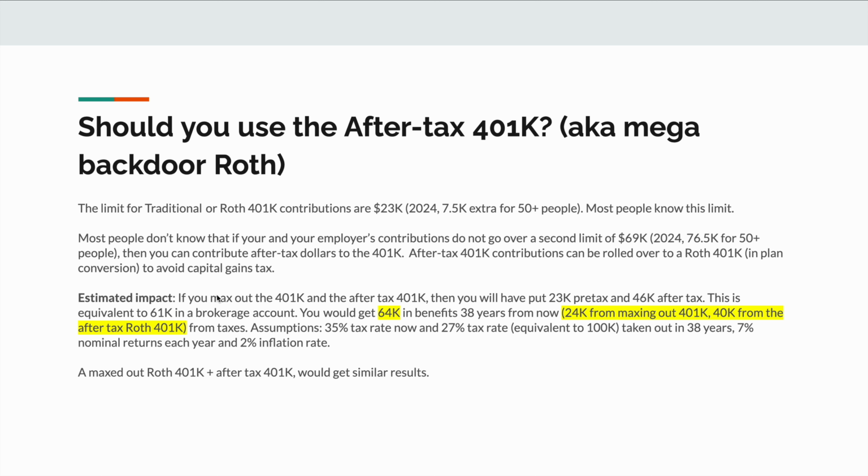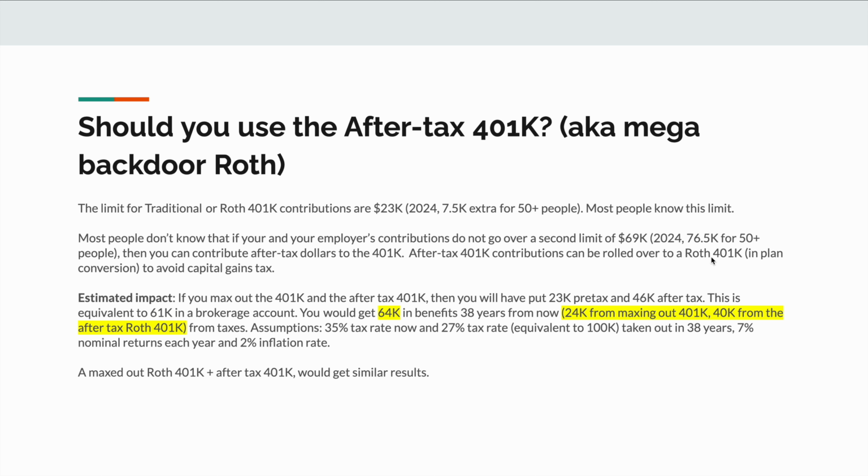The approximate impact of this is, let's assume that you're maxing out the 401k, as I said before, and then you're also maxing out the after-tax 401k. You're contributing $23,000 in the regular traditional 401k. $46,000 is sort of the difference between the $23,000 and the $69,000 limit. Your program might not have this as the main limit. You could have a lower limit, but assuming that it goes up to the federal limit, you would have $46,000 in after-tax 401k.